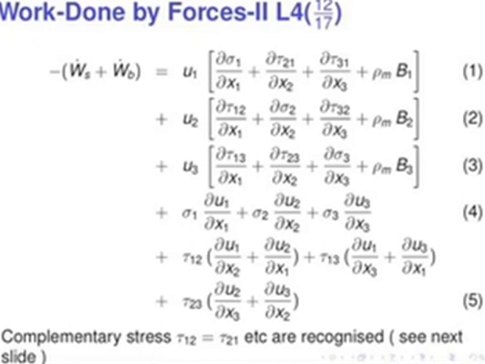And here I have already used the idea of complementarity of stresses, that is tau 12 is equal to tau 21.